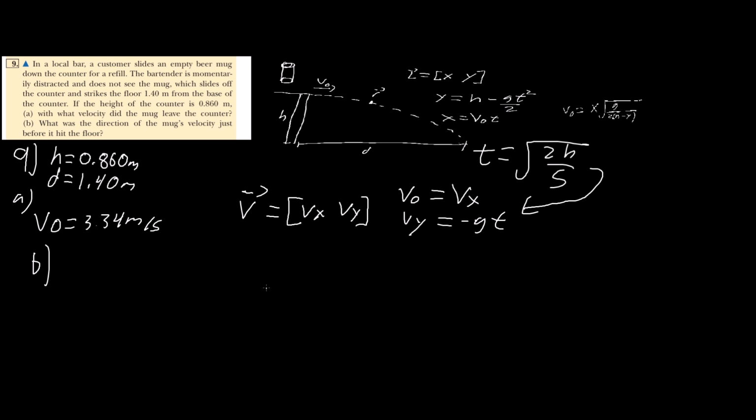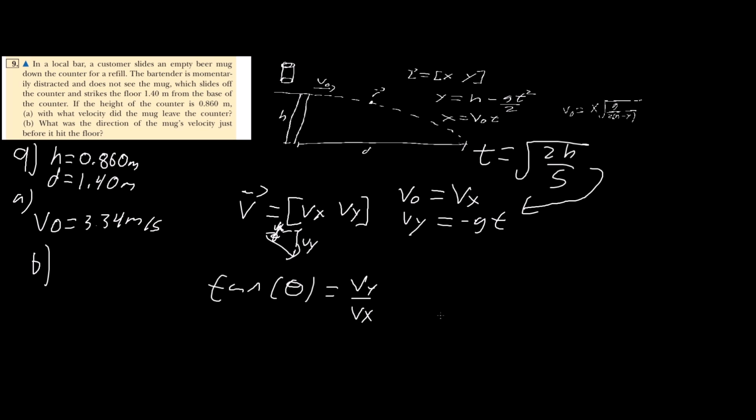So therefore, the tangent of the direction that this final velocity will hit is going to be Vy over Vx.